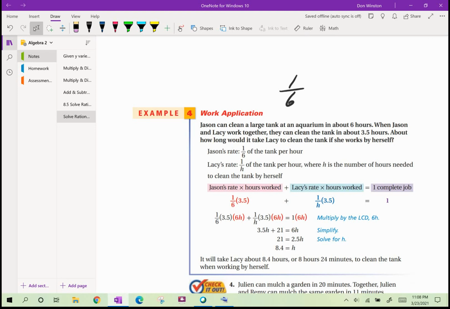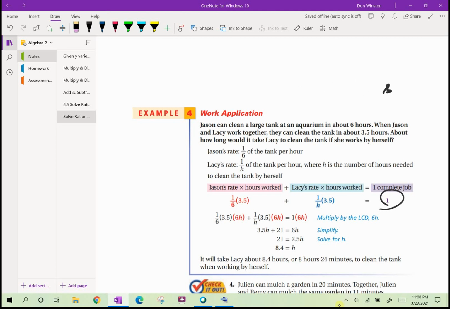Working together, they should be able to complete the entire job, or one complete job, which equals 1. Just like if Jason was working by himself, his rate of 1/6 times 6 hours, he'd be able to complete the entire job. 1/6 times 6 equals 1.